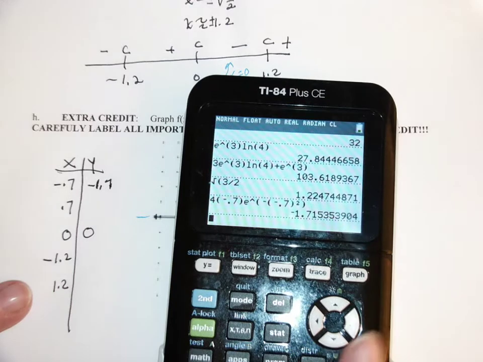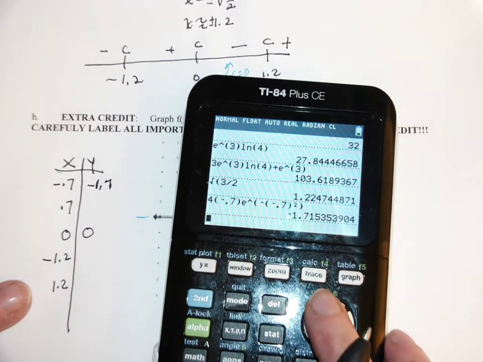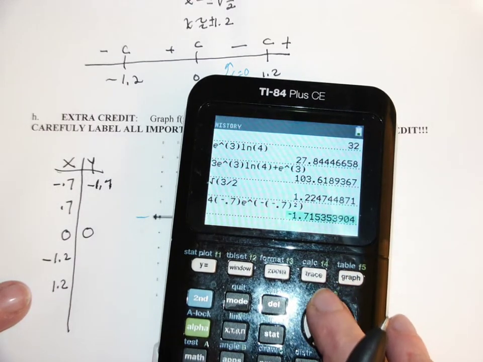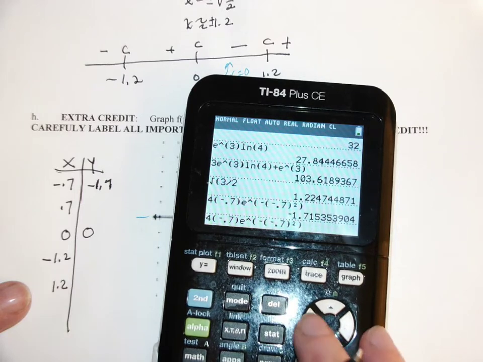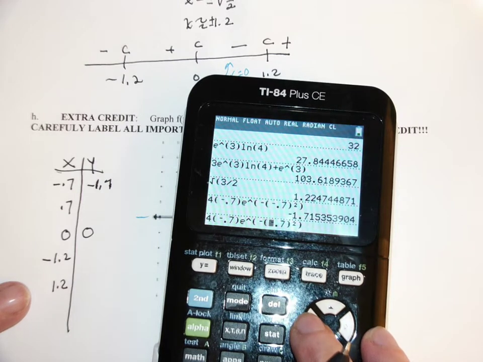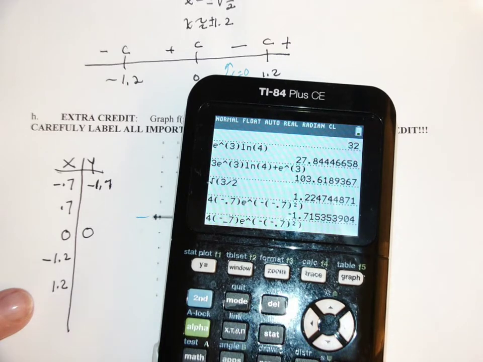And I want to go ahead and put in the second negative number that I have, negative 1.2.